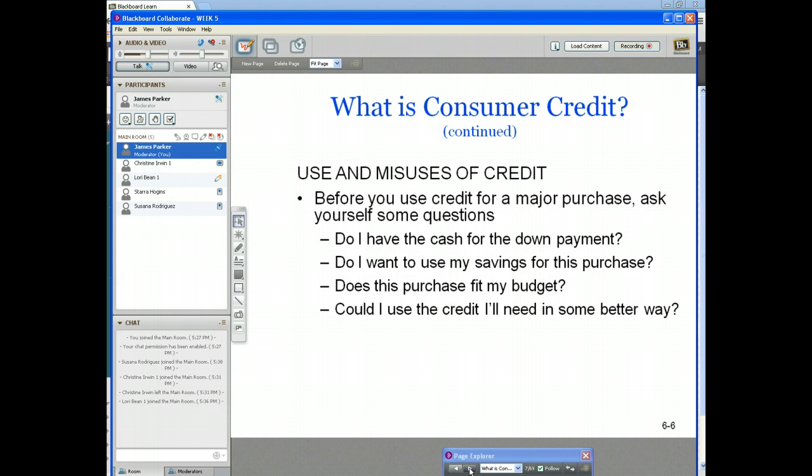Use and misuses of credit. If you're borrowing for the down payment, usually in previous real estate in other states, you had to show some sort of documented proof that you weren't borrowing for the down payment for a home primarily. That was a legal requirement.